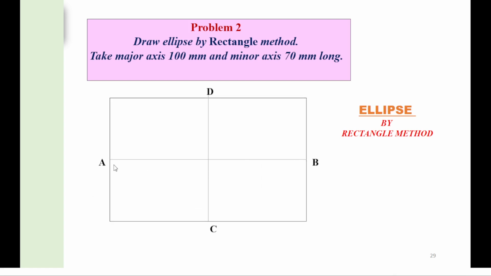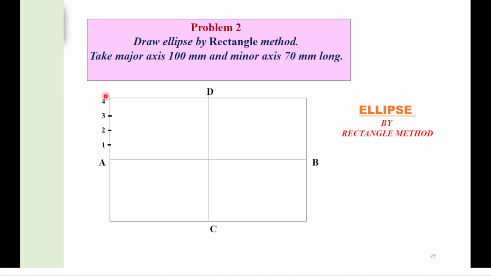Now passing through all these points A, B, C, D, we will construct this rectangle. Now we will divide the line passing through point A, going up till the end of this rectangle, into 4 parts: part 1, part 2, part 3, part 4.